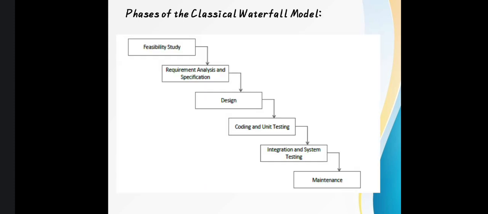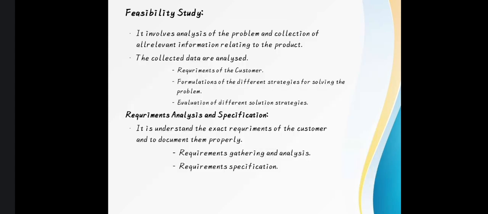Phases of classical waterfall model are feasibility study, requirement analysis and specification, design, coding and unit testing, integration and system testing, maintenance. Feasibility study involves analysis of the problem and collection of all relevant information relating to the product.